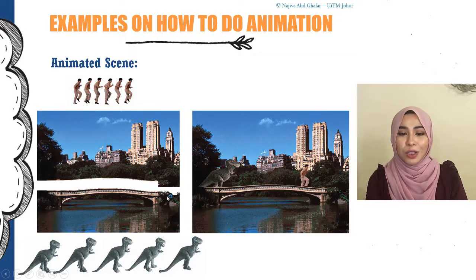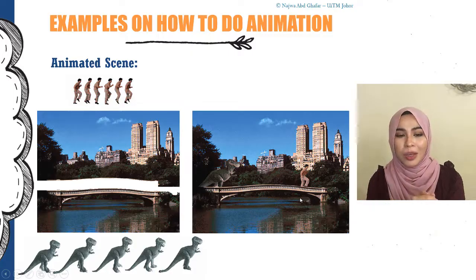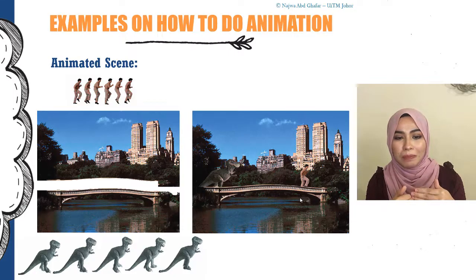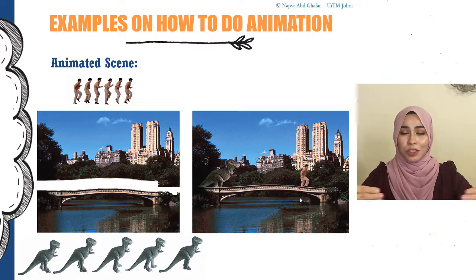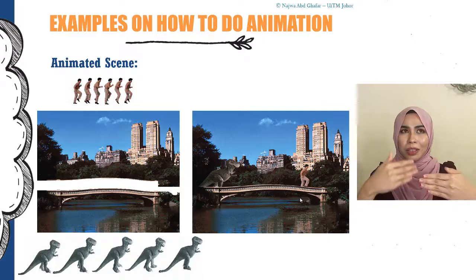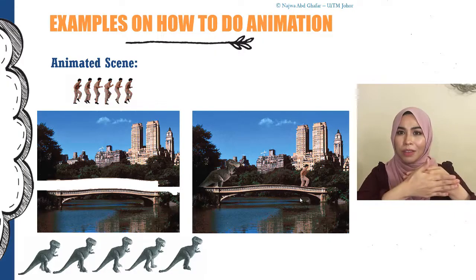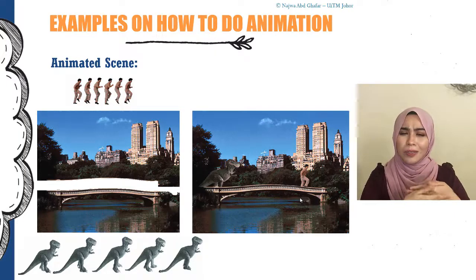Since you want to create a more realistic animation, and make the dinosaur and the man look as if they are walking on the bridge, we can cut out the front part of the bridge, so it is in front of the object instead of the object being in front of the bridge. You know what I mean? So that is layers.